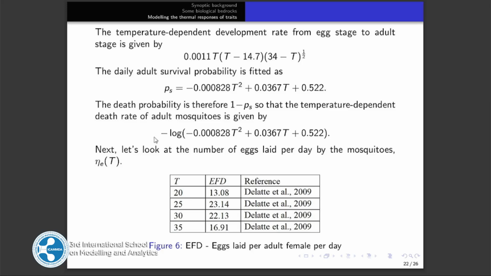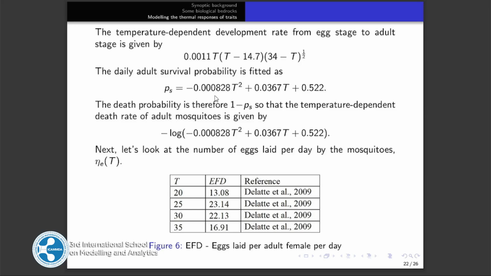Then if this is survival probability, that is the probability that the egg survives from egg to adult, right? Let's say it is 0.5, the probability that it does not survive will be 1 minus 0.5, isn't it?